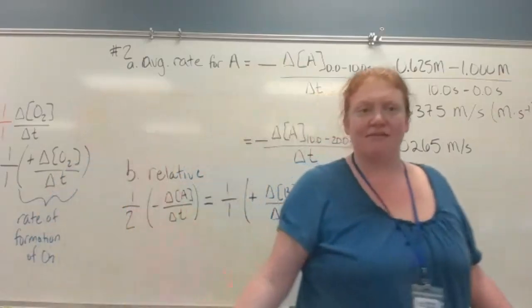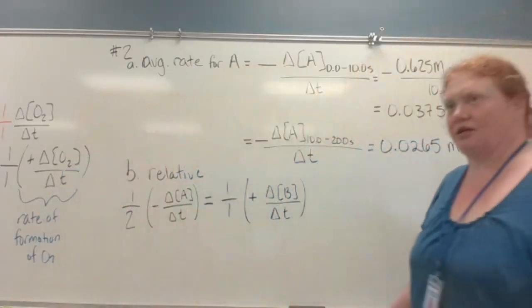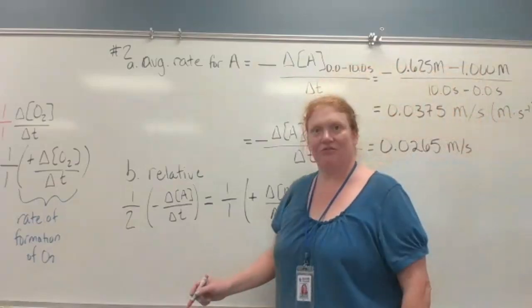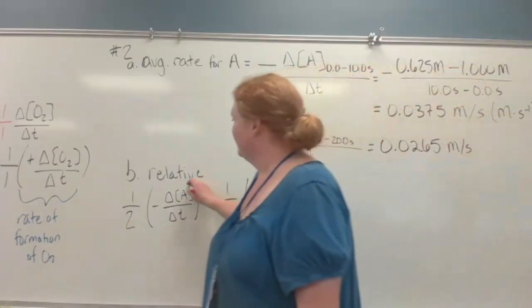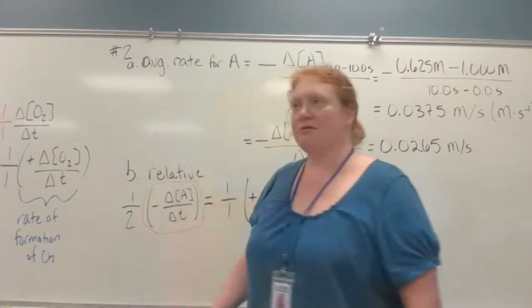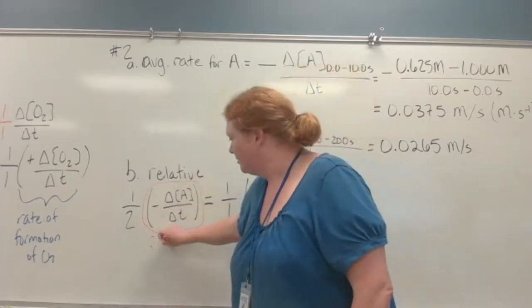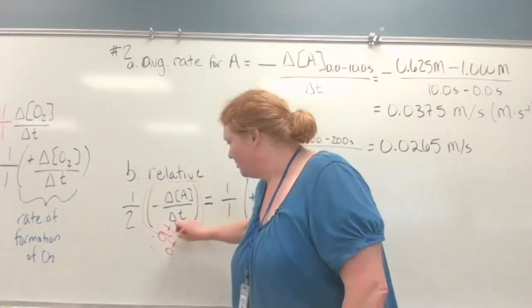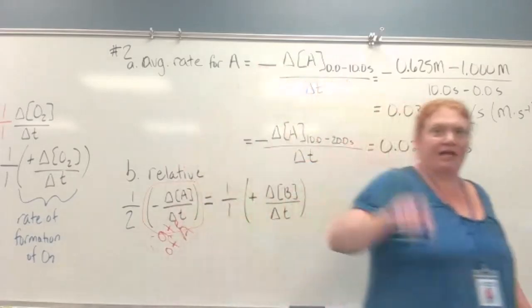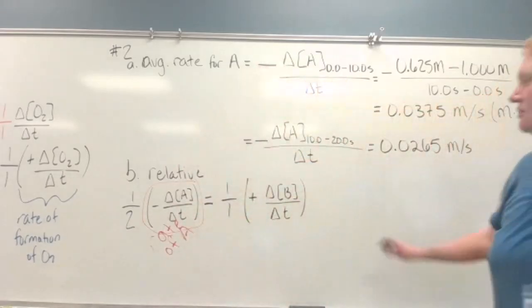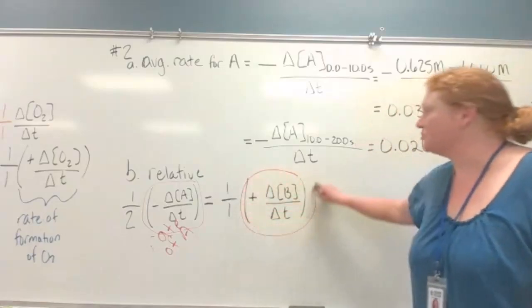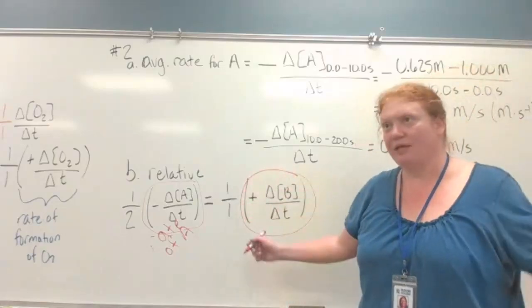This is a lot of math. But guys, at its heart, what do all those little symbols right there mean? It's the rate of A. And this one is the rate of B.